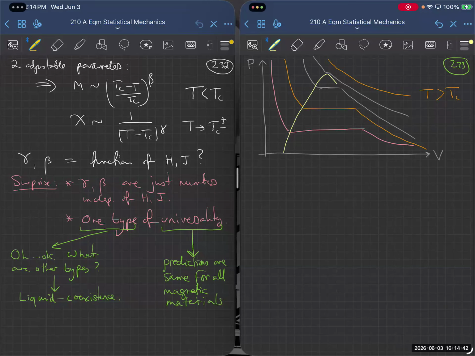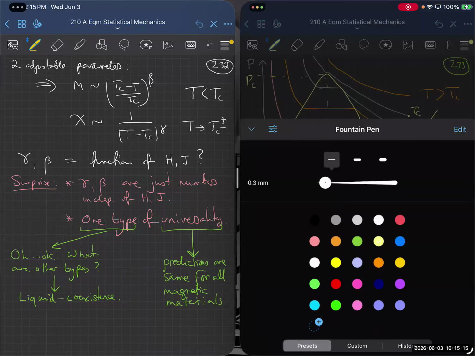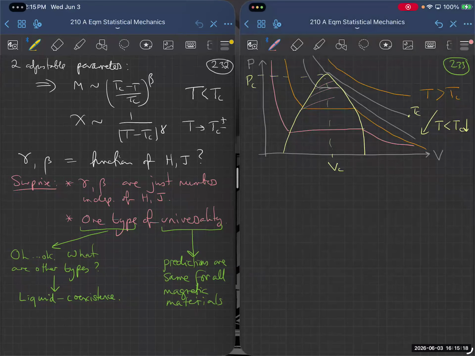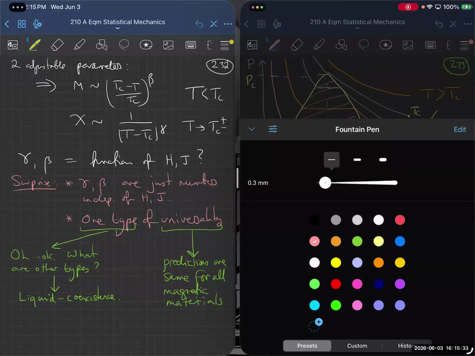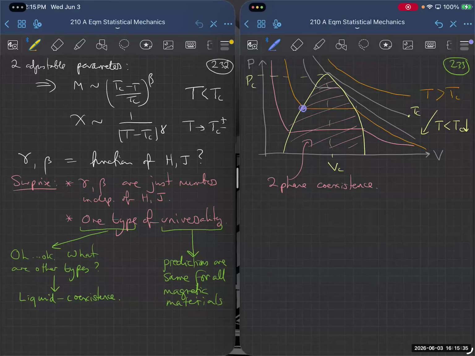And this curve over here is an example of what's happening inside this region, where you're getting a two-phase coexistence. And so then you might say, well, if I look at the difference between this volume and this one, so these are the two volumes. This will be V liquid, and this will be V gas.